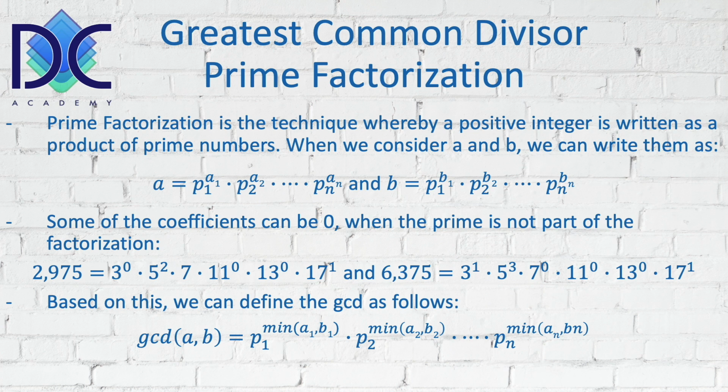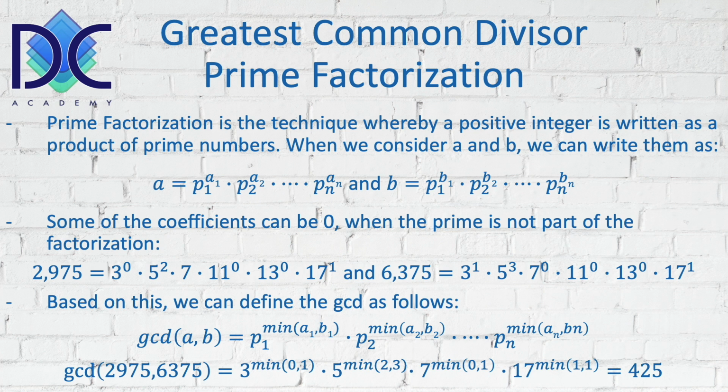So I have P1, I find it in A and in B, and I use the power which is the minimum of the power of P1 for A, A1, or the power of P1 for B, B1. And I do that for all the relevant powers that I have. It will be better if I show you on the example we have above.